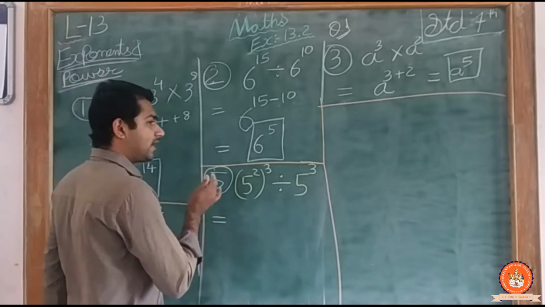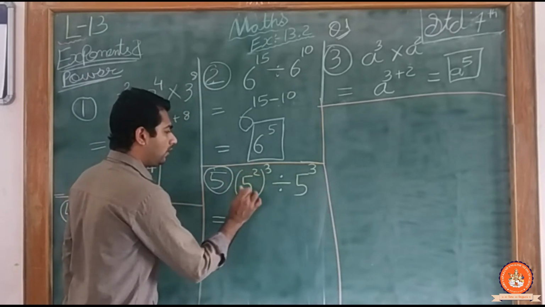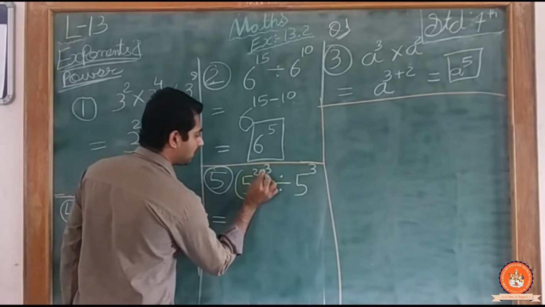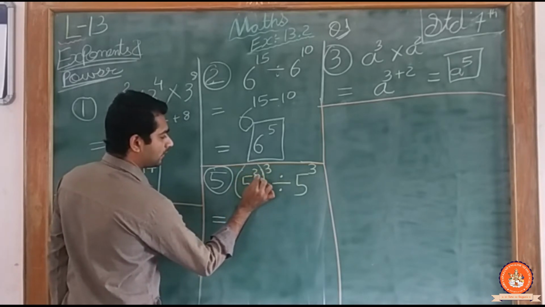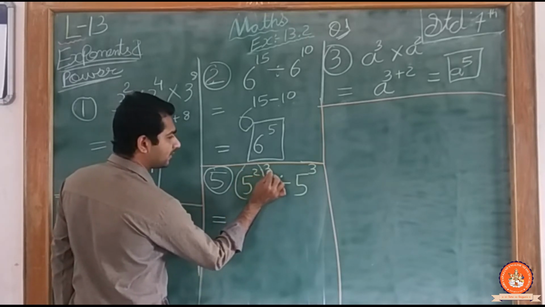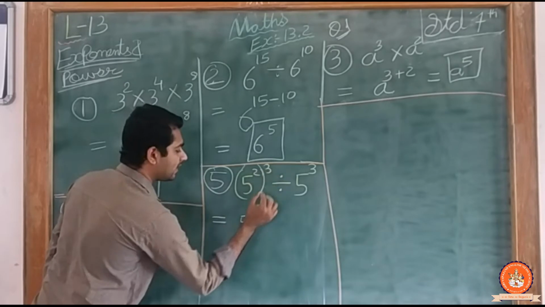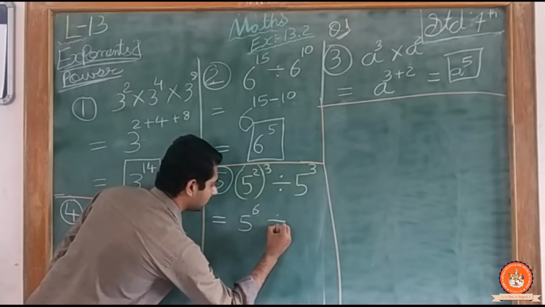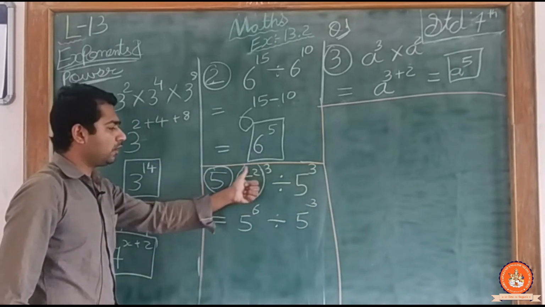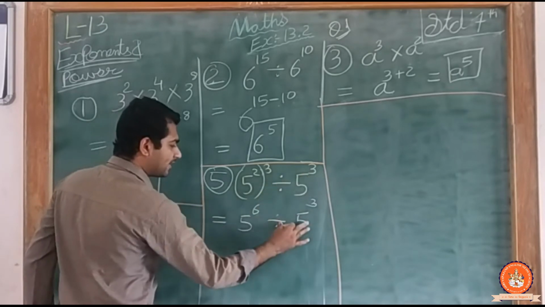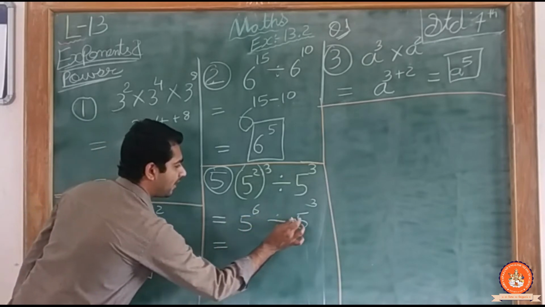Then, as I gave you the formula, a raised to m whole raised to n means we have to multiply both the powers. 2 multiplied by 3 is 6, so it becomes 5 raised to 6, divided by 5 raised to 3.